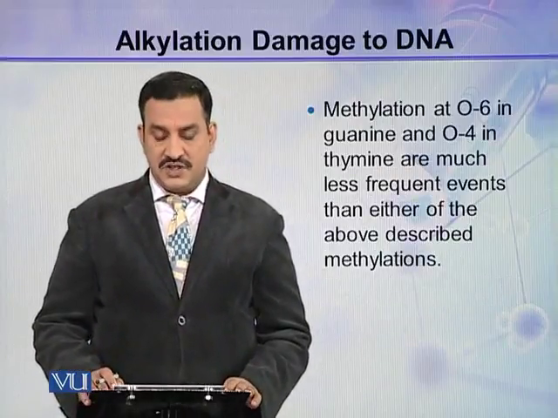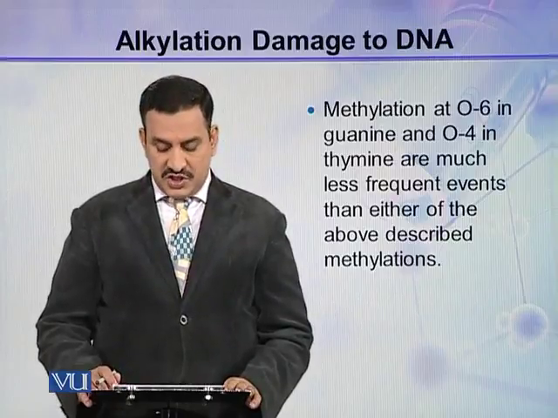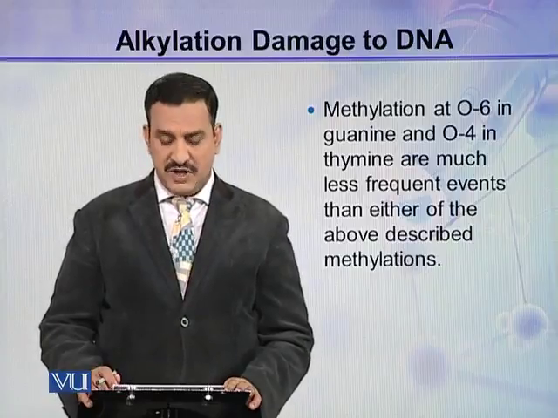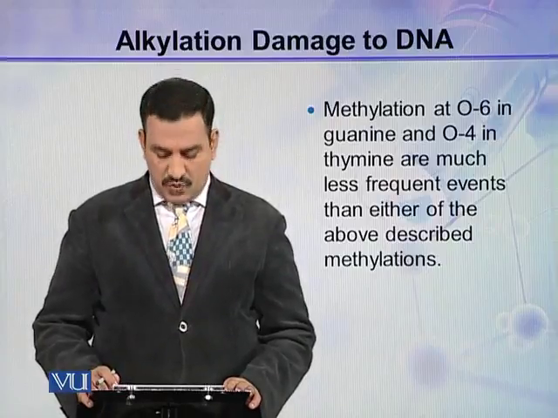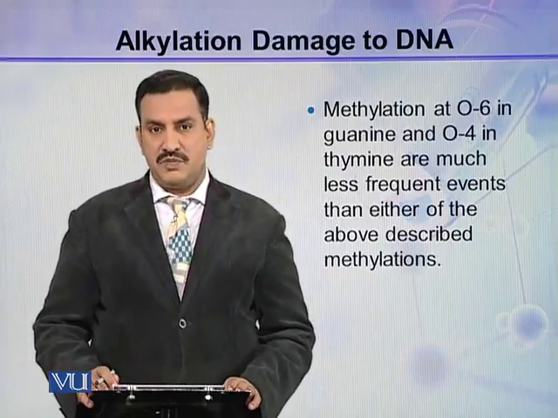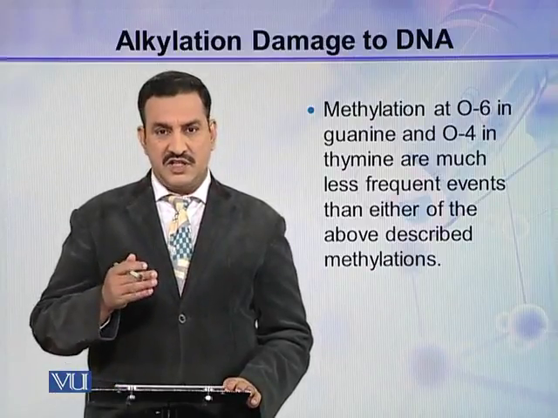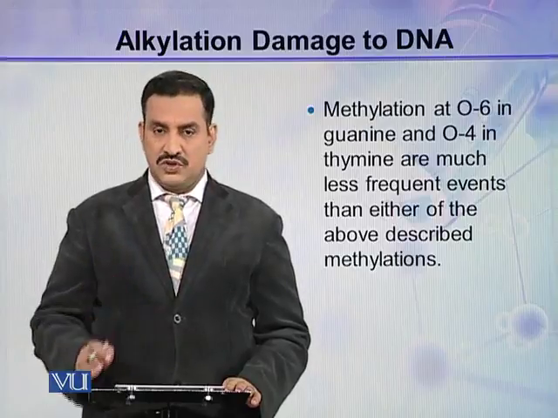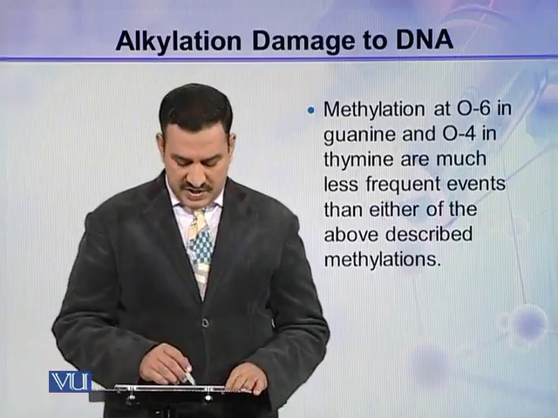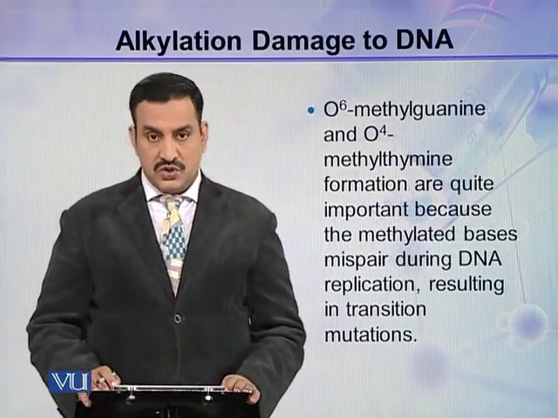Methylation at oxygen 6 in guanine and oxygen 4 in thymine are much less frequent events than either of the above described methylations at N7 and N3. So these O6 and O4 methylations are very infrequent.